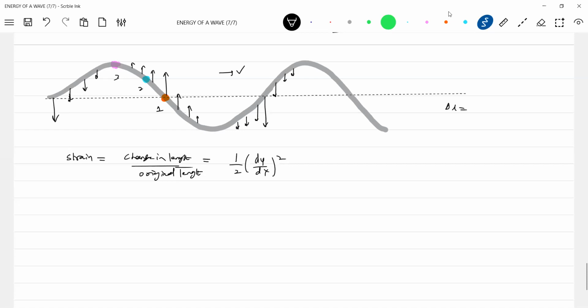Elongation delta L should be equal to delta R minus delta X. This should be equal to delta X by 2 into dy by dx whole square. Delta L by delta X is what?